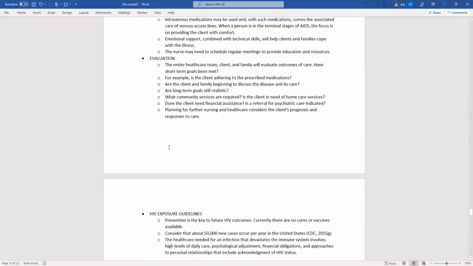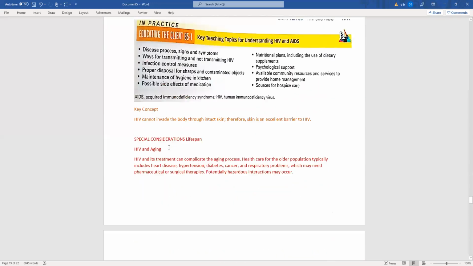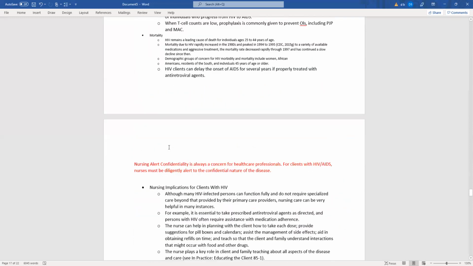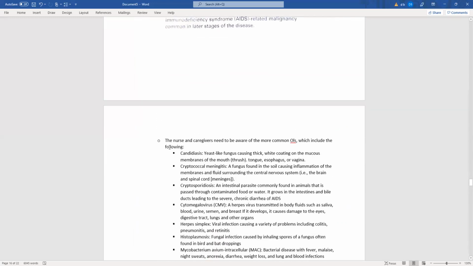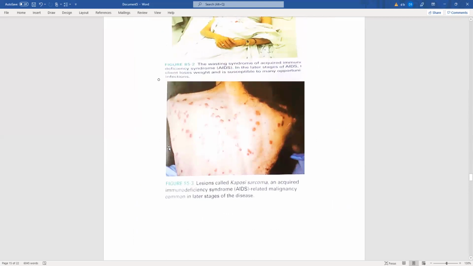Go to page 1511 and you'll see the in practice. I'm not going to add it. These classifications are effective after entering a CD4 cell, nucleoside reverse transcriptase. Just go to page 1511 and look at that in practice box.